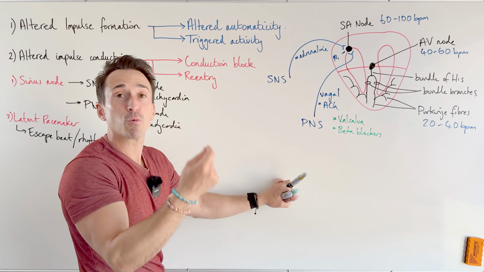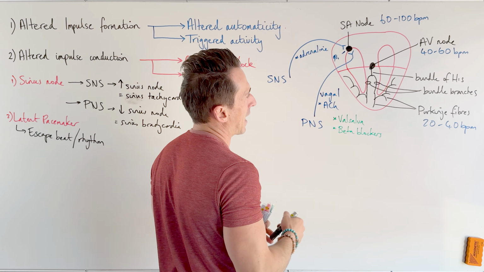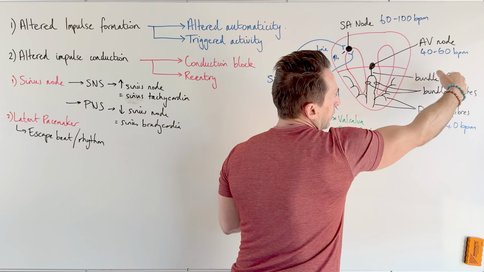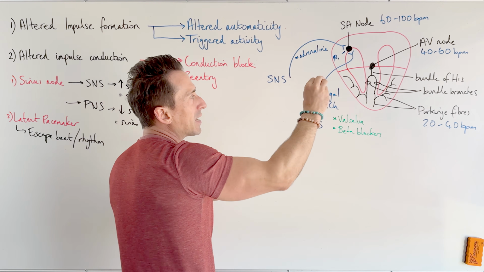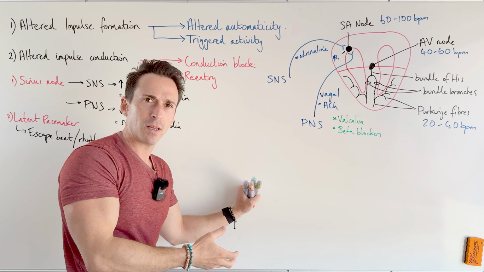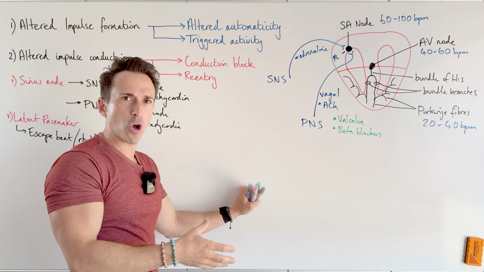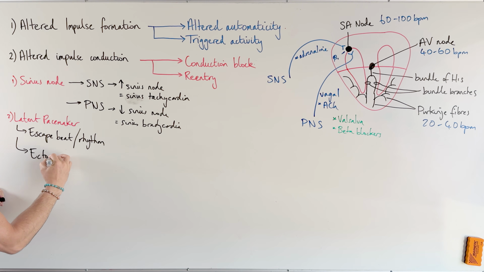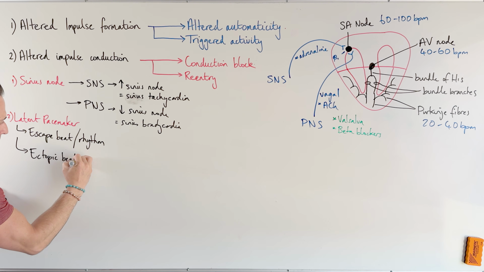You get escape rhythms. Now, what else can happen is that any of the AV node, bundle of His, bundle branches, Purkinje fibers can be damaged and fire off too early, right? Now, if they are damaged and fire off too early, this is important: you don't have escape beats, you have what's called ectopic beats.